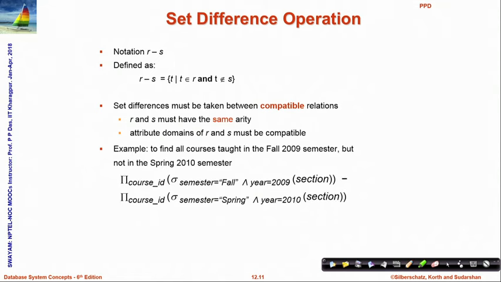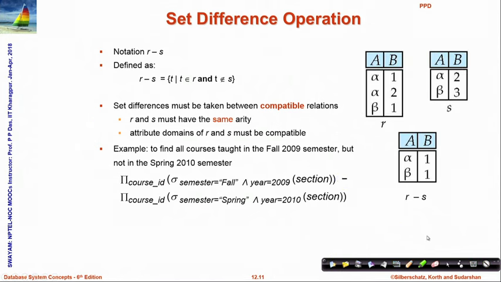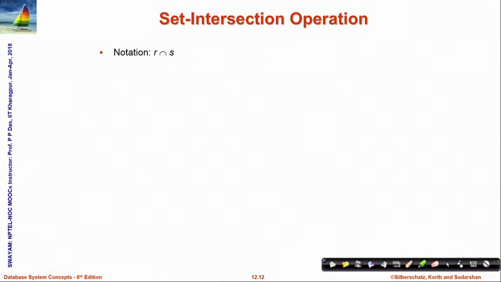This is an example to find all courses taught in fall 2009, but not in spring 2010. So, as opposed to union in the last slide, you do a set difference to get this result. This is how you can use set theoretic operations to get different relational results. This is also the result from the earlier example.